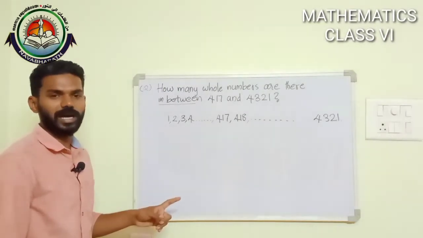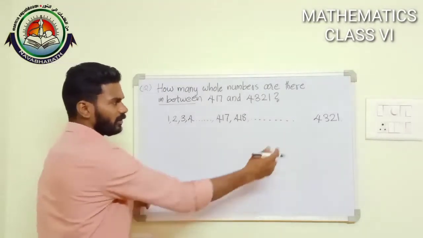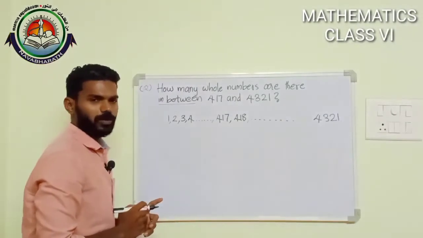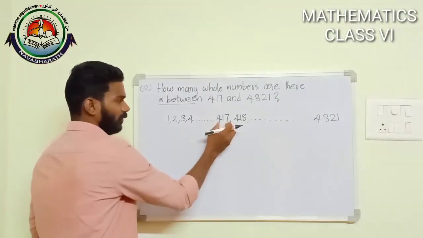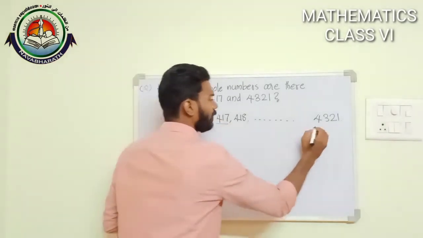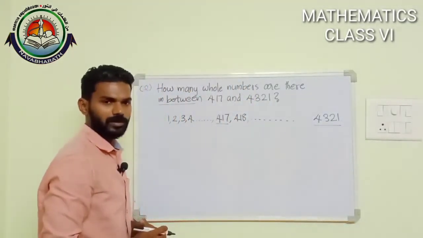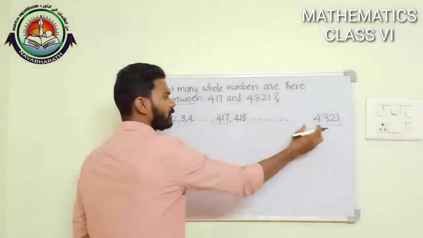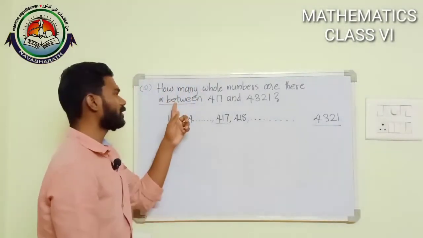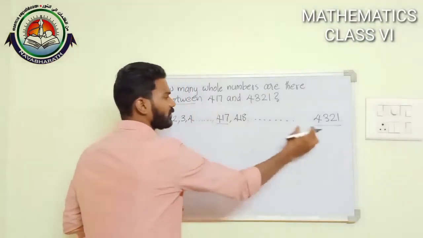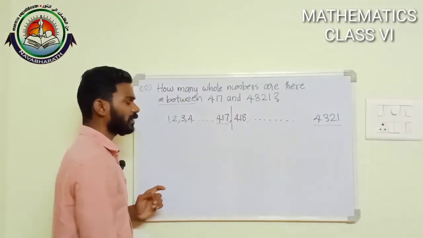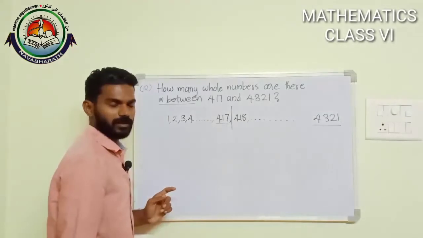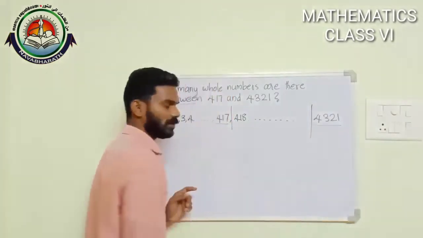And you can see that if we want to count the numbers in between 417 and 4321, did we want to consider these two numbers? If it is in between, we don't want to consider these two. So we would have to consider the numbers from here up to here.